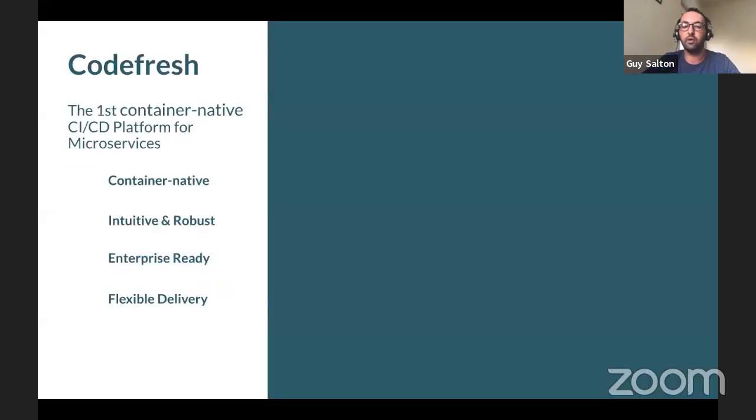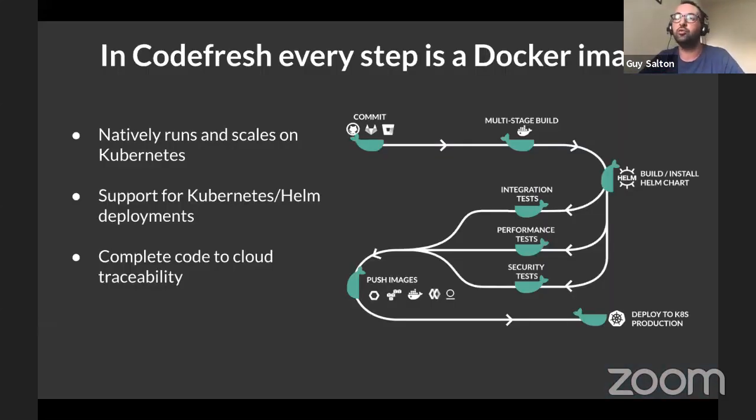And then comes the question, well, what do you need to do if you need to access any internal assets, like we discussed at the beginning? So again, a bit about Codefresh. With Codefresh, as I said, it's built specifically for containers and microservices. Each step in the pipeline will actually run as a Docker container.